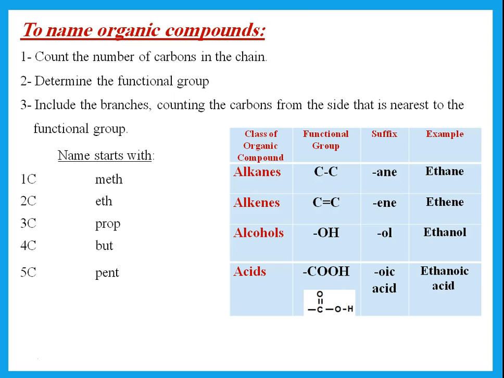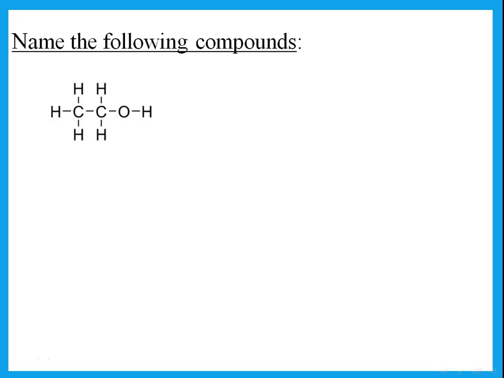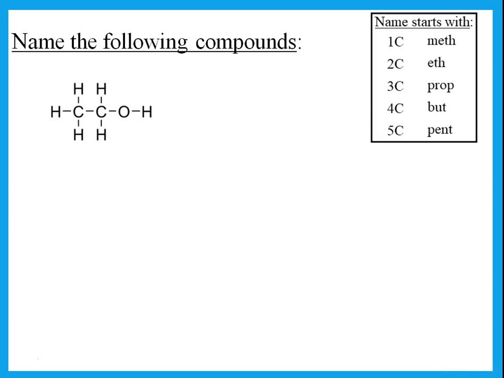Okay, so let's try naming some organic compounds. For example, you have this and you're required to name it. The first thing you're going to do is count how many carbons. Remember we said 1 carbon meth, 2 carbons eth, 3 carbons prop, 4 carbons bute, 5 carbons pent. This one has 2 carbons, so its name must start with eth.